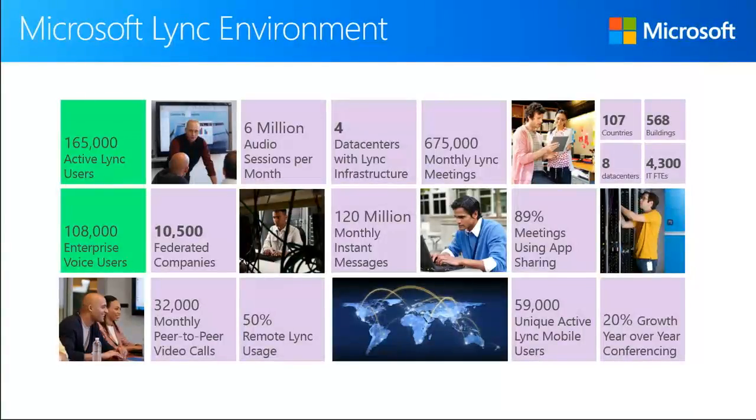What I'd like to call out is our actual physical environment. We're in 107 countries. We have 568 buildings. Just the Redmond Puget Sound area alone has 92 buildings. We've got 8 data centers, and we have over 4,300 ITFTEs. That's to run every part of our environment, everything from our network to the line of business apps to everything else.